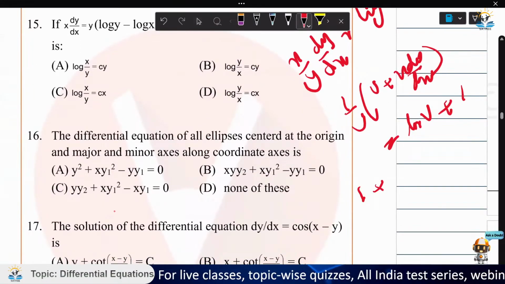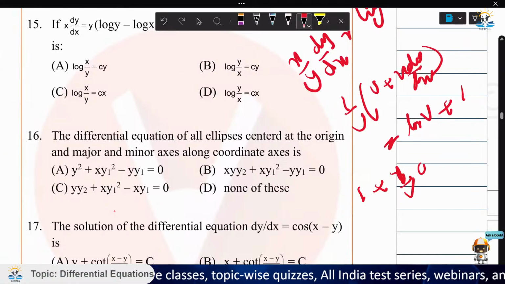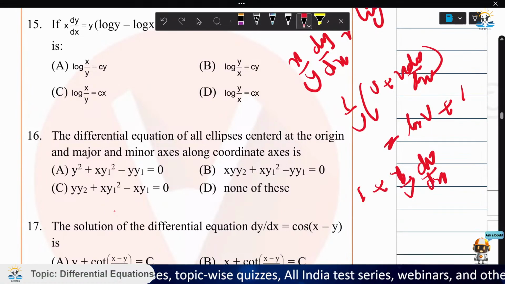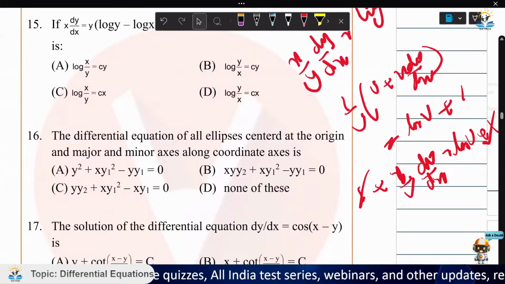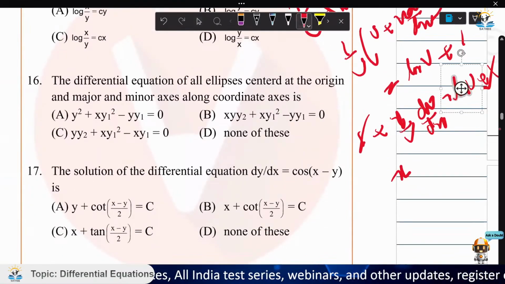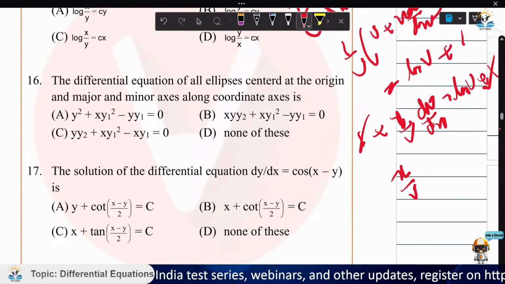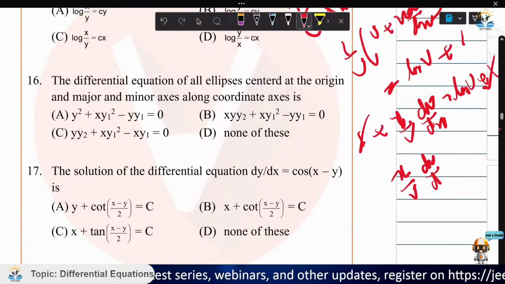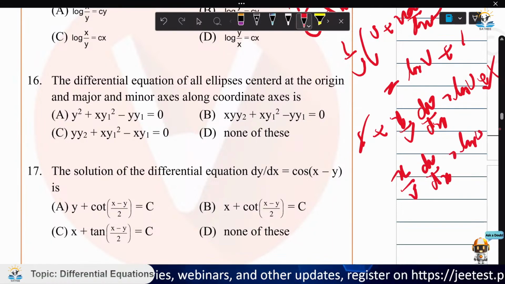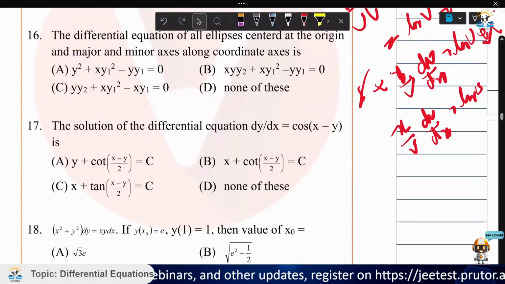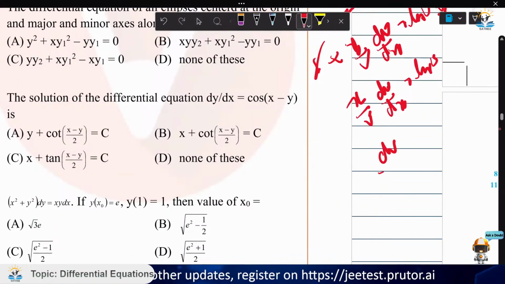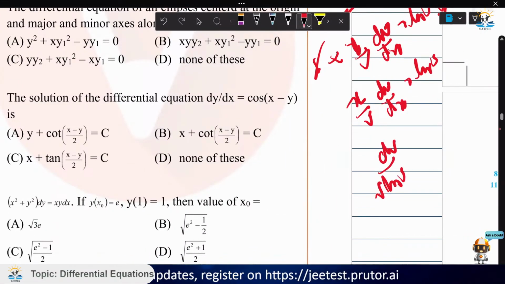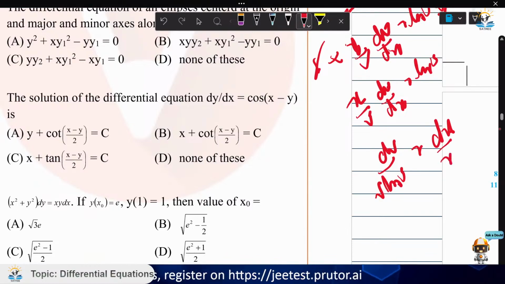This gives us 1 by v plus x dv by dx is equal to ln v plus 1. So 1 and 1 get cancelled. We have x by v dv by dx is equal to ln v. Okay. So what we have here is dv by v ln v is equal to dx by x.